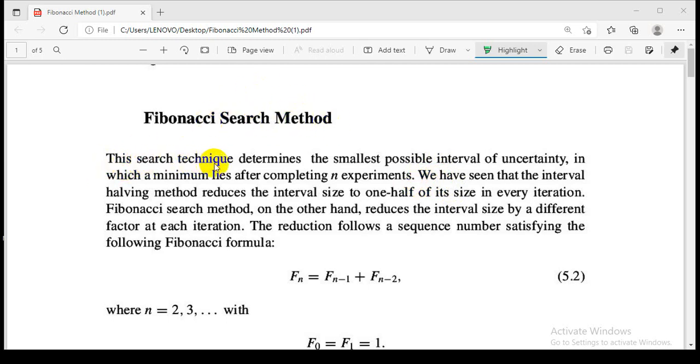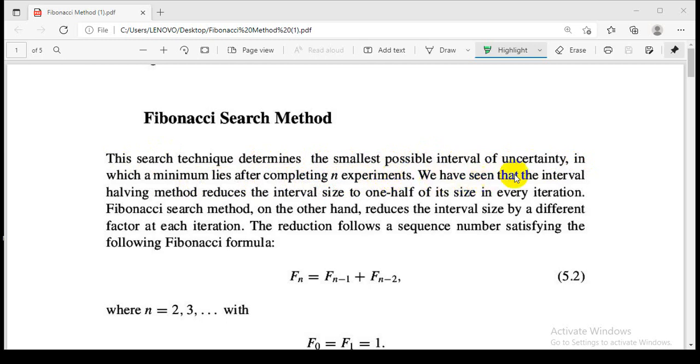This search technique determines the smallest possible interval of uncertainty in which a minimum lies after completing an experiment.